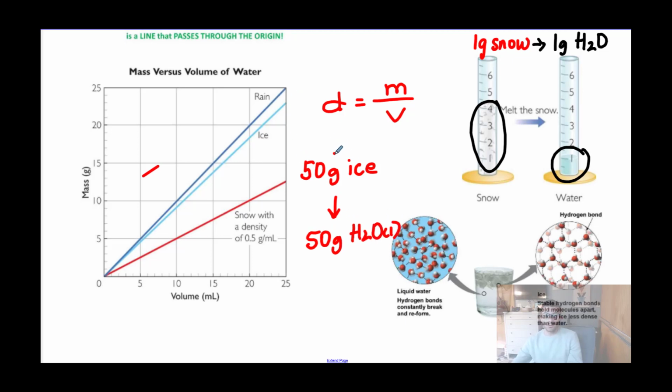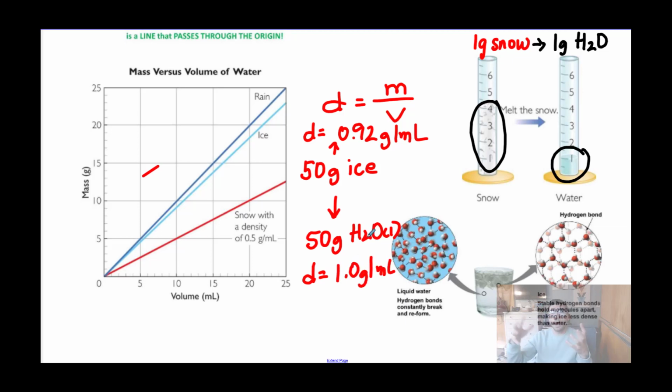The volume of ice, we're going to have to figure out using the density of ice, which is 0.92 grams per milliliter. And if I know that this is going to turn into 50 grams of liquid water because the mass is going to be the same, then I can figure out the volume of liquid water by using the density of liquid water, which is 1.0 grams per milliliter.